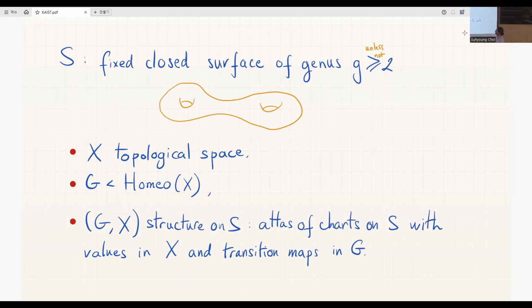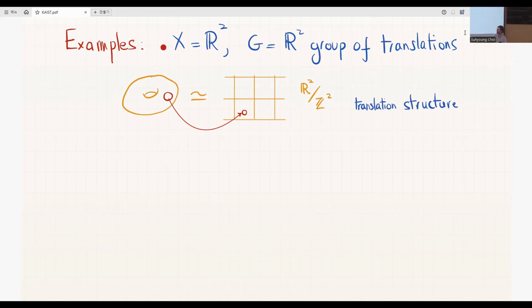I will give you now some examples that I want to focus on today. The first example, I will spend a lot of time talking about. It is the example where X is the plane and G is the group of translations of the plane. Then a (G,X) structure like that, I want to call a translation structure or a translation surface structure.